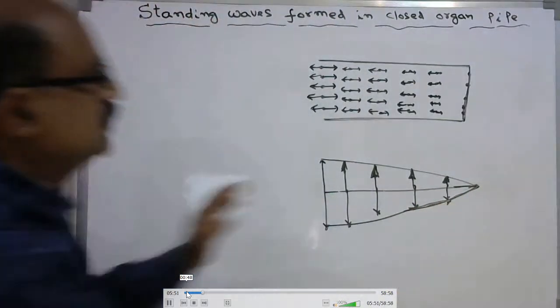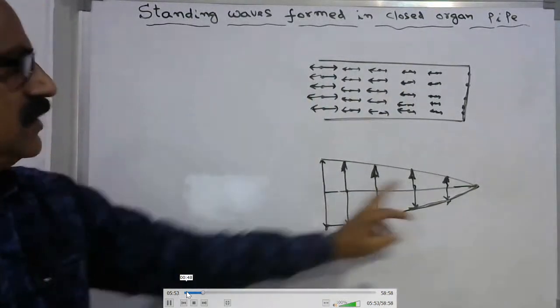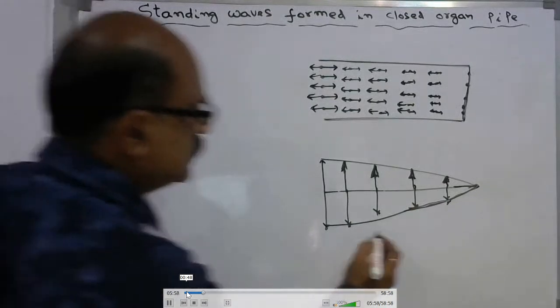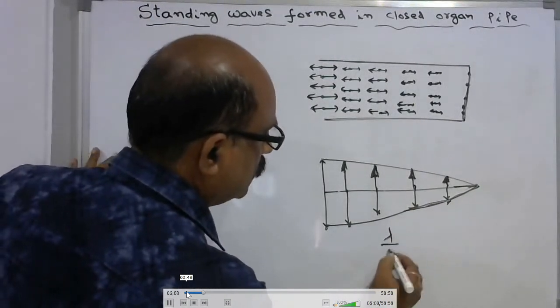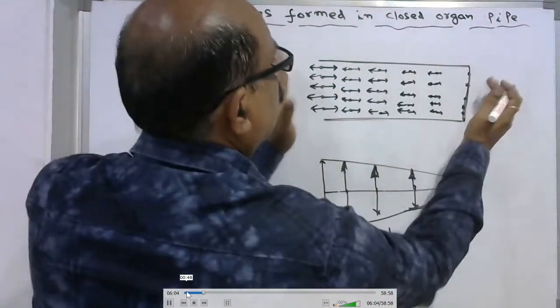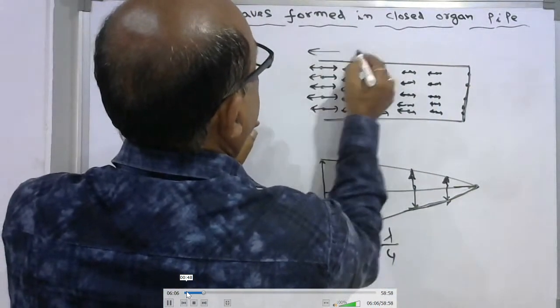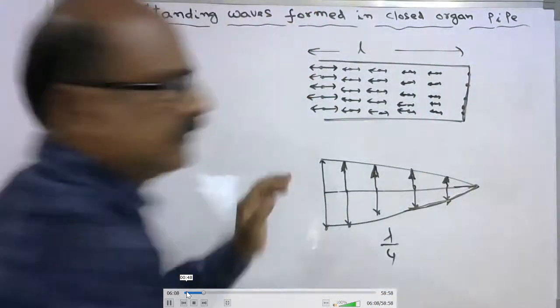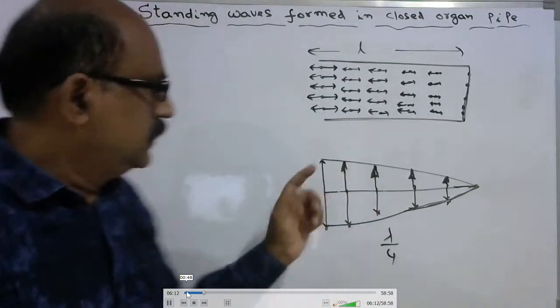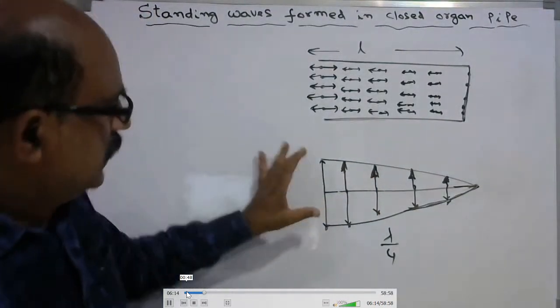So this is the waveform, and this waveform has a wavelength of lambda by 4. So the length of this air column in the first mode of vibration creates one antinode.